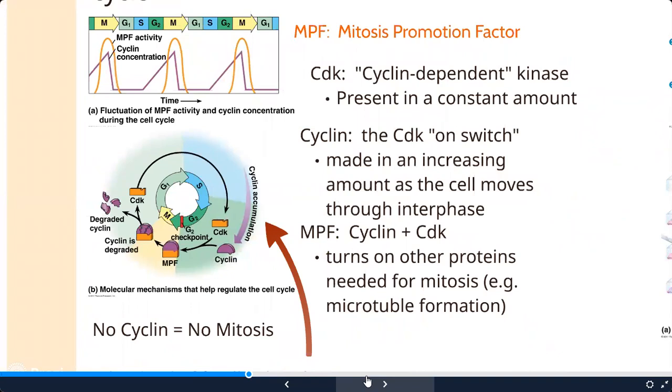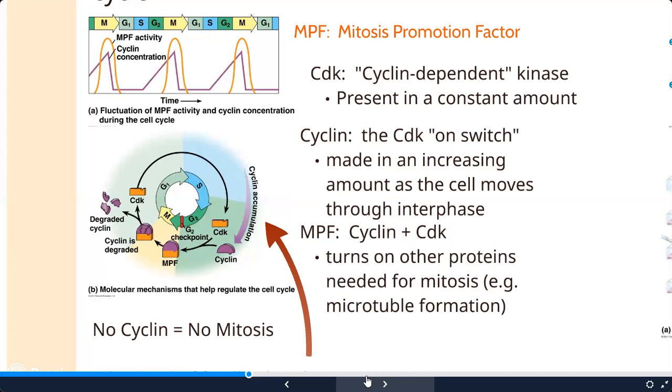Okay, so there's MPF, called mitosis promotion factor. When this is present, that triggers a metabolic pathway that signals mitosis to start. Now, the MPF, you do have to know that one, mitosis promotion factor, is actually a combination of two different molecules. So there's CDK and cyclin.